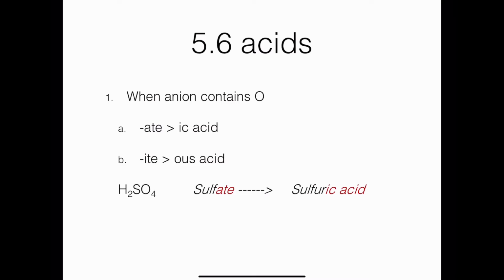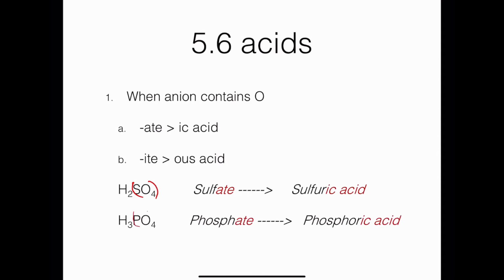H2SO4. So you need to be able to recognize your polyatomic. Again, we isolate the SO4 part. Sulfate becomes sulfuric acid. Notice that if an acid has a polyatomic as an anion, we do not put hydro in the beginning. Hydro is only when our anion comes directly from the periodic table and just that element.